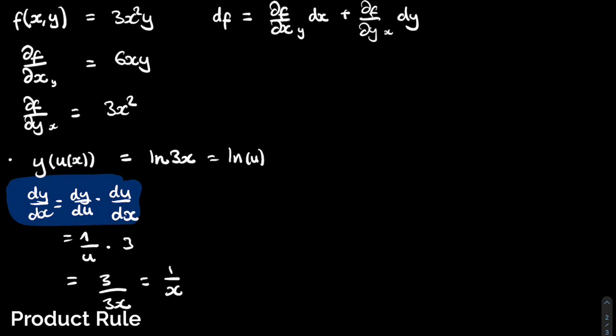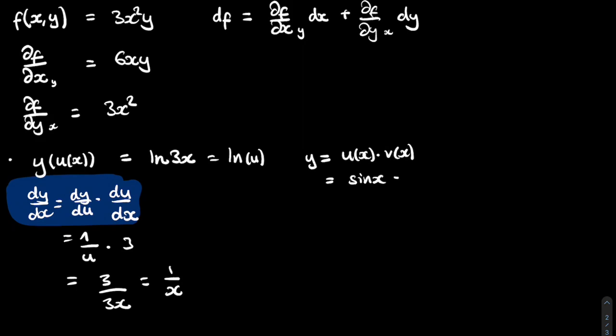You're also going to get the product rule. That's again pretty important. The product rule is basically differentiating, say you have a function y equals u of x times v of x. These are both functions, so let's say you have, I don't know, sine x e to the minus 3x, so these are both functions of x.